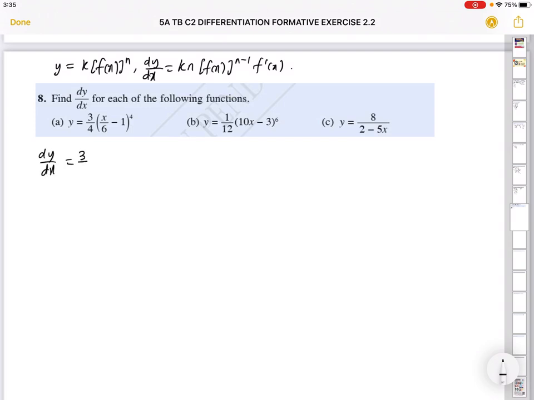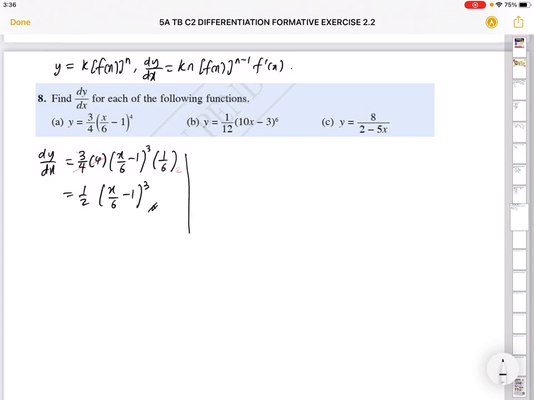As a beginner I'll show you, 3 over 4 times 4. Copy the bracket, reduce the power by 1, 3. Now when I differentiate x over 6, or 1 over 6x, I'm getting 1 over 6. We can cancel 3 and 6, left with 2. So I still have a half outside. I'll write the half here, (x over 6 minus 1) power 3.